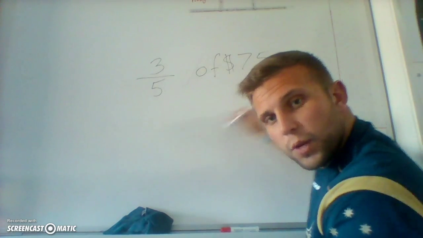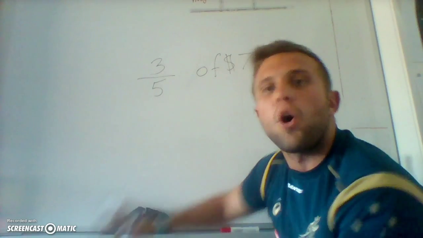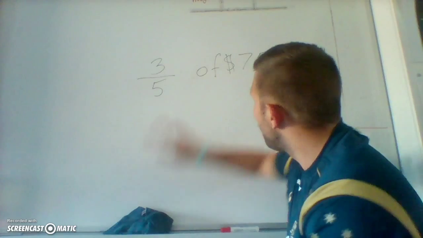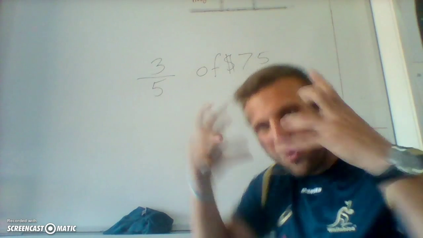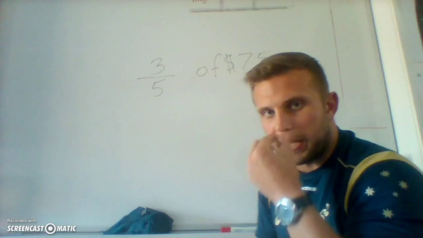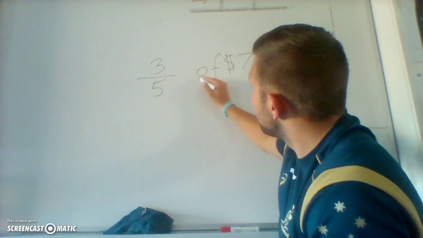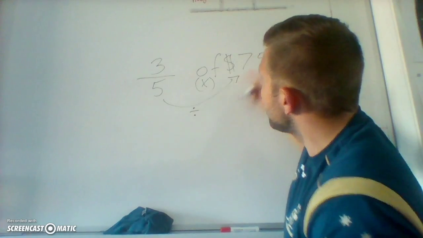We did the circles with the 12 million, but I'm not going to draw 75 circles. I'm trying to use this to help me figure out the bigger numbers, the bigger fractions and the bigger quantities. So again, this becomes multiplication, 5 divided into 75.